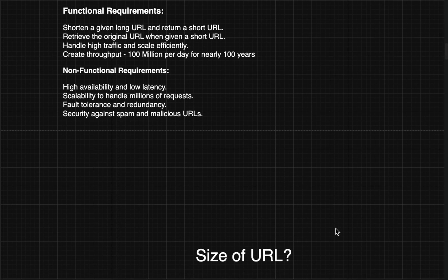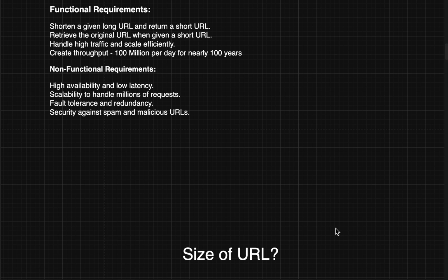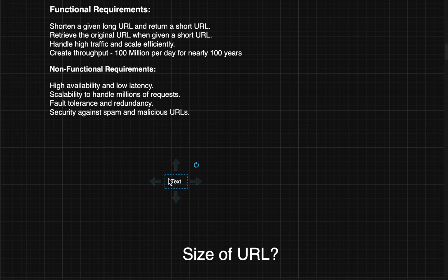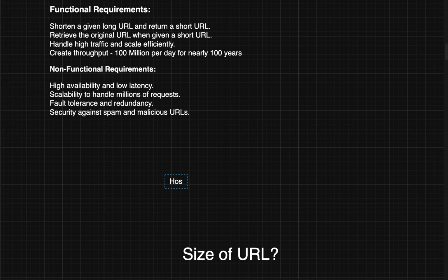So, starting with what size of URL we want to shorten. In every URL, you see there are two parts. First is the host, and then there is some text.